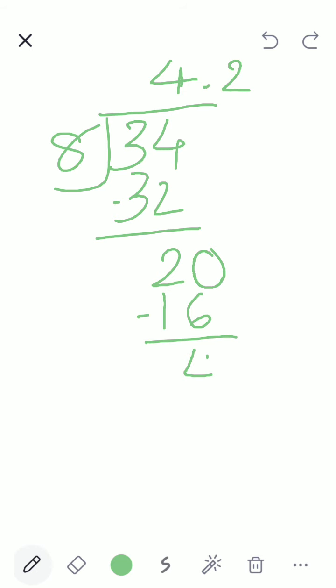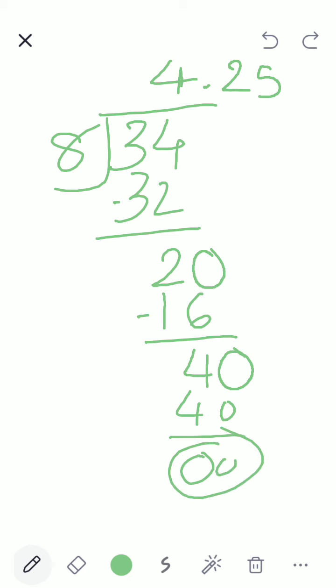Remainder 4 pieces are still there. Again I will divide. Then again I will divide by 5, 40. So I will get 0. That means he got 4 full items, whole.